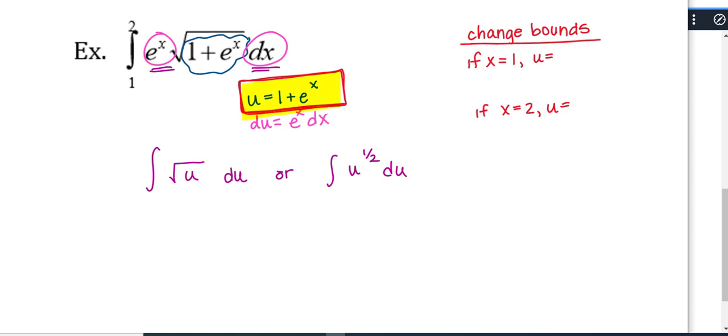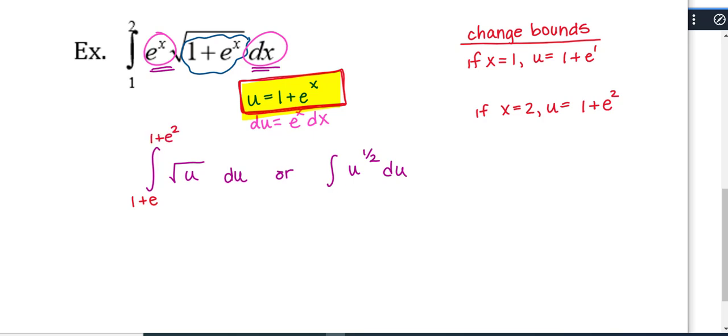You said u has to be 1 plus e to the x. Okay, well if x is 1, then this becomes 1 plus e to the first, or just 1 plus e. So that's my lower bound. That is exact, so leave it. And then if x is 2, u is 1 plus e squared. Again, that's exact, just leave it.